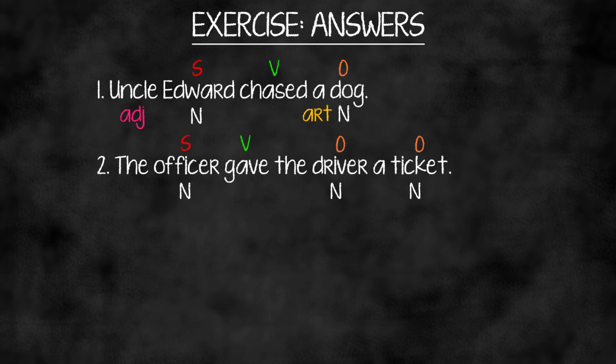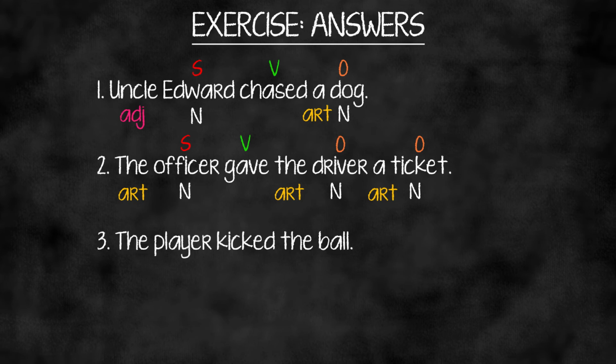We have some nouns in the sentence. Officer, driver, a ticket. The is an article modifying the noun officer. The is an article modifying the noun driver. A is an article modifying the noun ticket. Remember, there are only two articles, the and a.